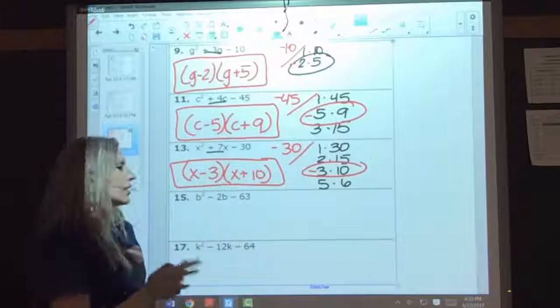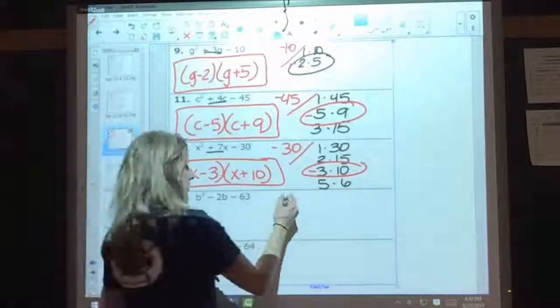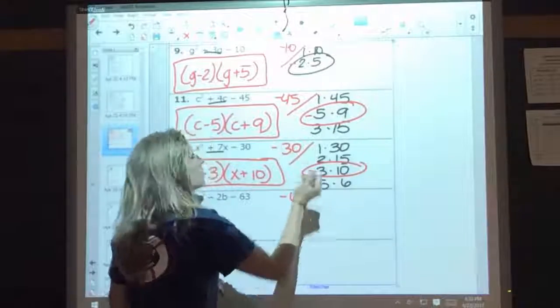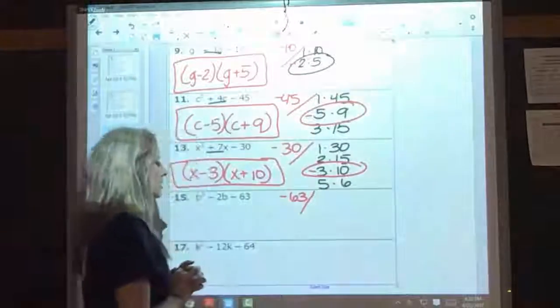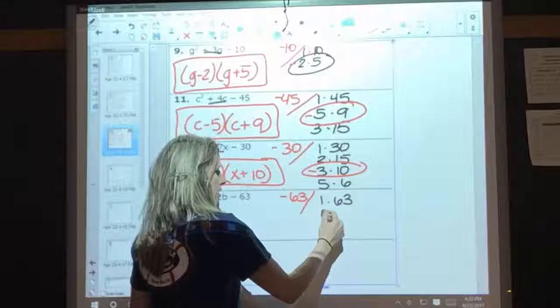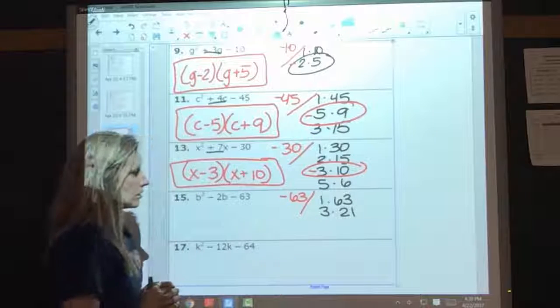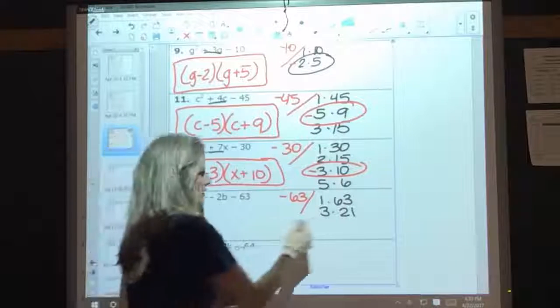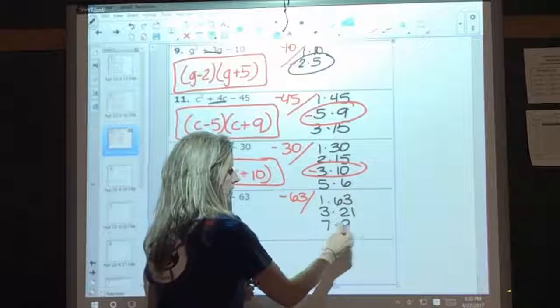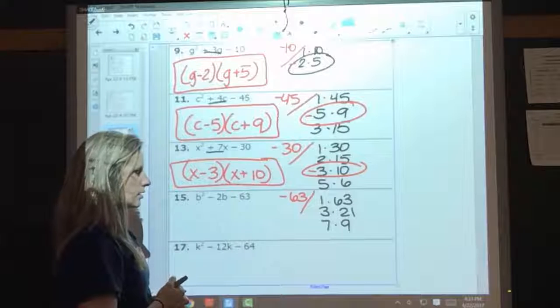All right, 2 more and I'll let you guys work. Number 15, we need the factors of negative 63. All right, so we have 1 and 63, 3 and 21, 7 and 9, and I think that's it.